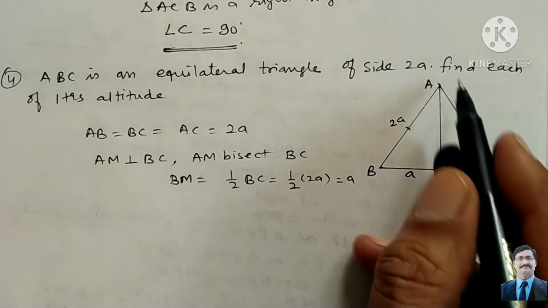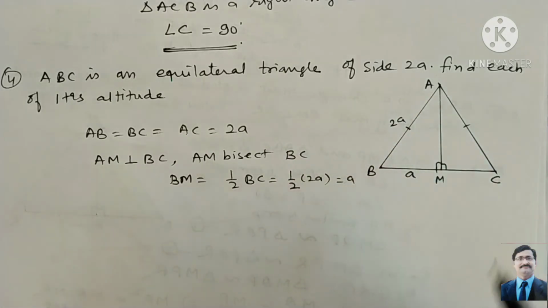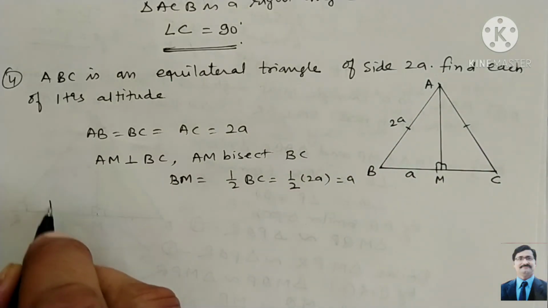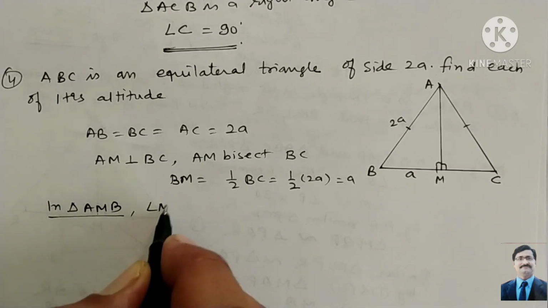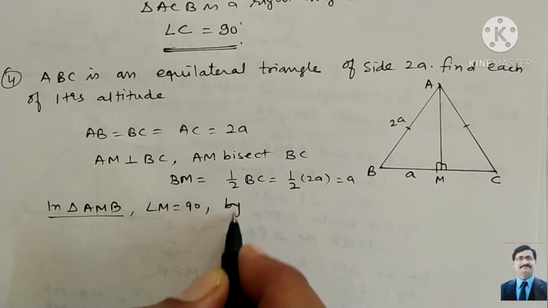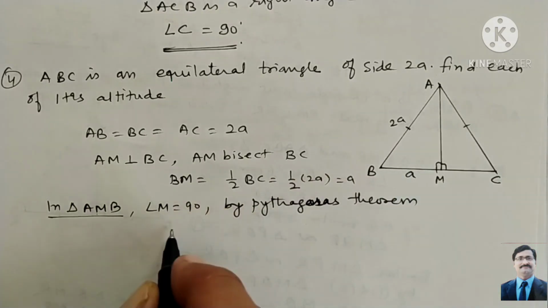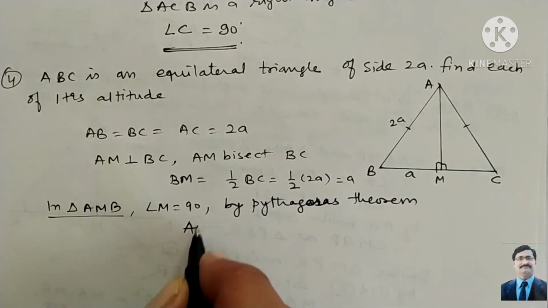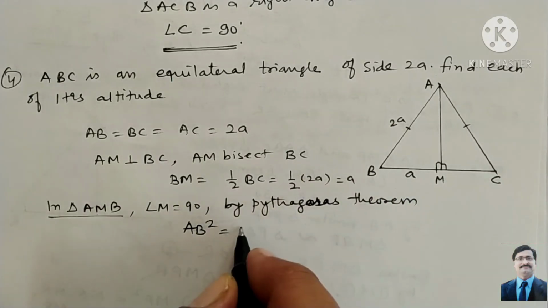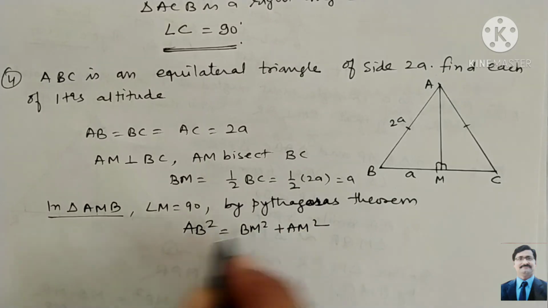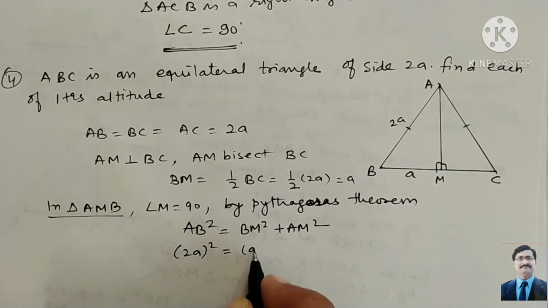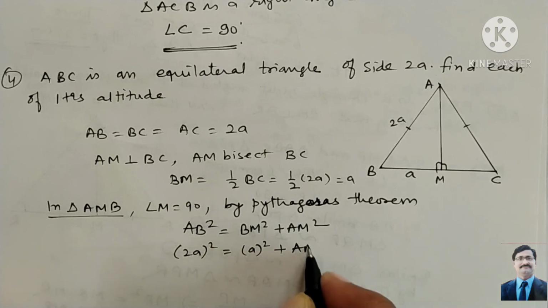We have to find the altitude. Altitude is here AM. So in triangle AMB, angle at M is 90 degrees. So by Pythagoras theorem, the hypotenuse is AB. So AB square equal to BM square plus AM square. AB is 2A, so 2A whole square, BM is A, so A square, and AM square.